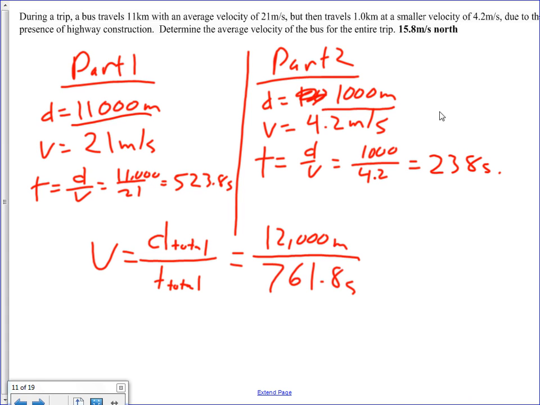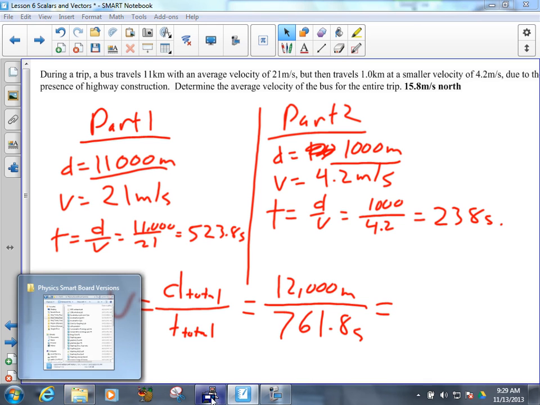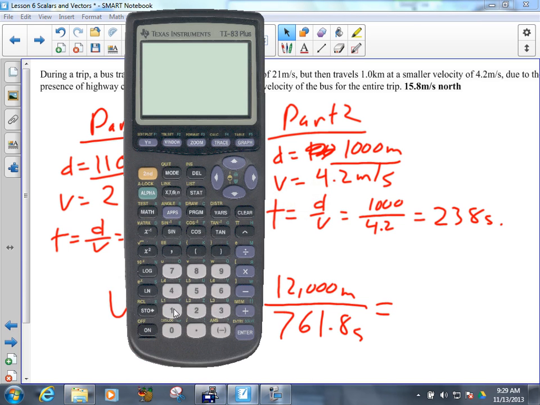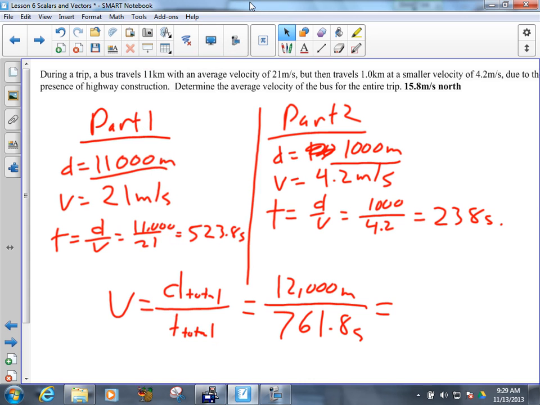When I have that, then I can just punch it into my calculator. So 12,000 meters divided by 761.8. Okay, 15.8 meters per second.